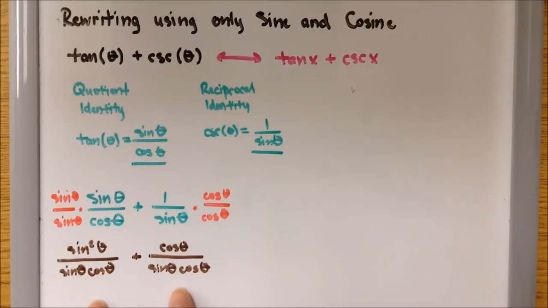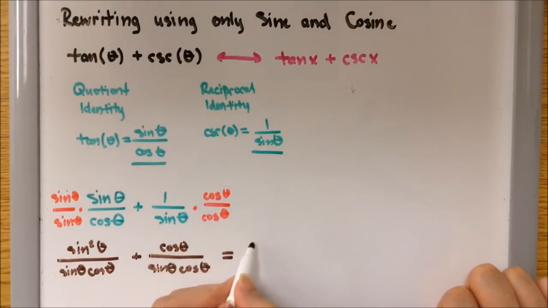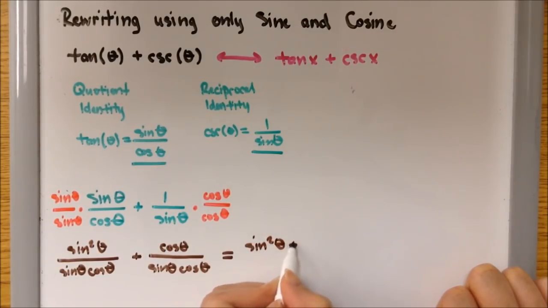As long as they have the same denominator, we can add the tops. So we're going to write it as one fraction. On the top, it will be sine squared theta plus cosine theta over sine theta cosine theta.